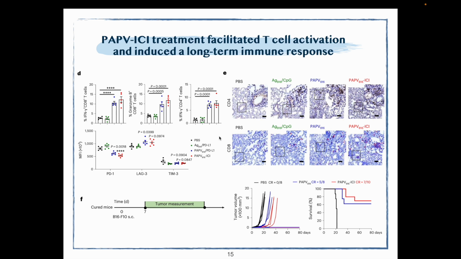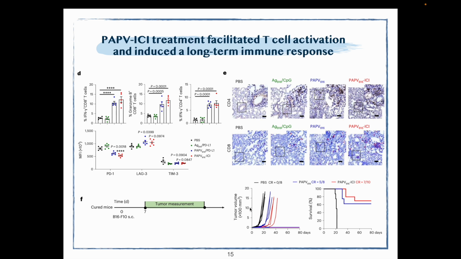In Figure E, the immunohistochemistry revealed a significant increase in the infiltrating CD4 positive and CD8 positive T cells in the metastasis-bearing lungs after the treatments.